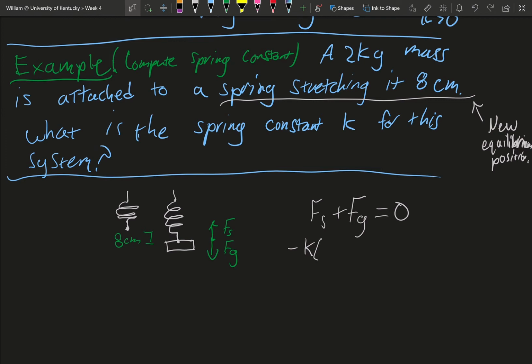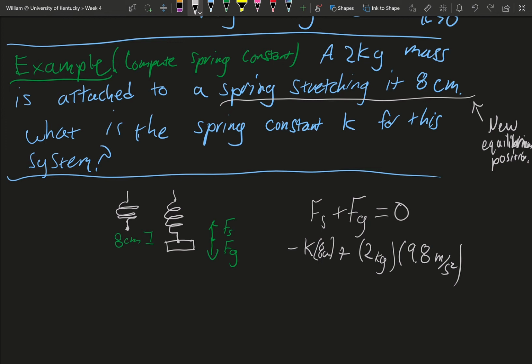Now, I'm going to hold off on that. For our Fg, we have a 2 kilogram mass. This is force due to gravity, so that's just mass times our gravitational constant. So we got 2 kilograms, and for g we're going to use positive 9.8 meters per second squared. Now note, I have two things: this is 8 centimeters, and this is 9.8 meters per second squared.